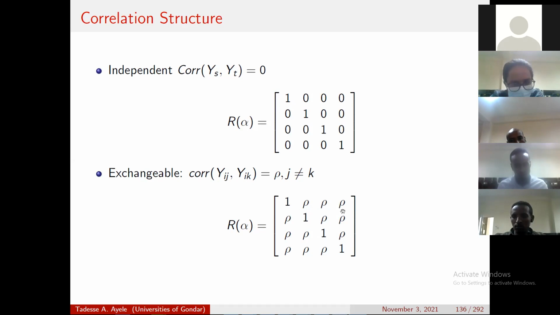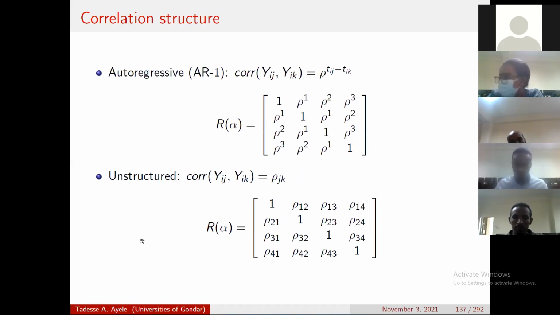So the off diagonal is rho, which is common for every off diagonal cell. Rho is the correlation. So if for the observations Yij and Yik the correlation between the two observations is equal to rho, where j is different from k, that type of correlation structure is known as exchangeable.